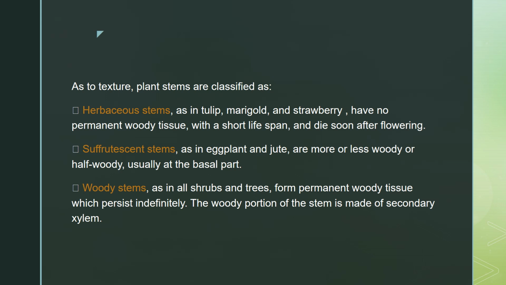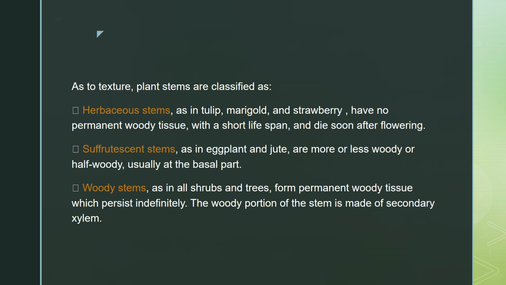The third one is woody stems. You can find woody stems in the trees. All woody plants like trees and shrubs have woody stems. You must know the difference between trees and shrubs.